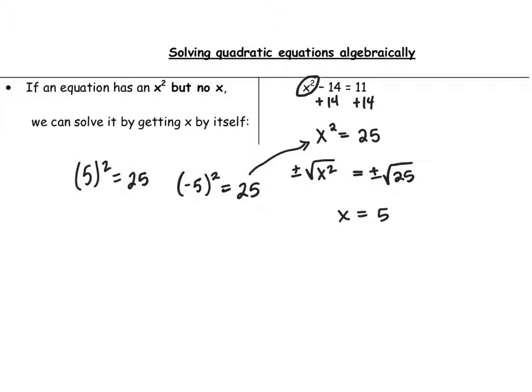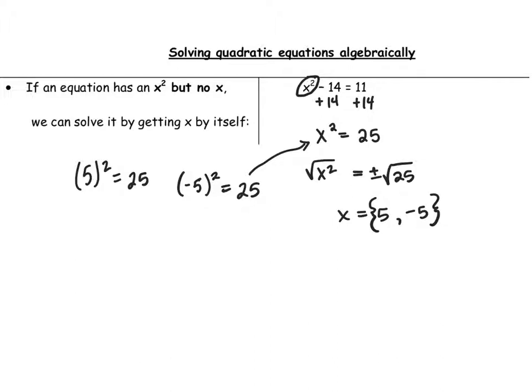So, actually I'm going to take it off of that one. That kind of makes it confusing. So, when I have x equals, my two answers are going to be 5 and negative 5. And these little, I can't remember what those brackets are called.